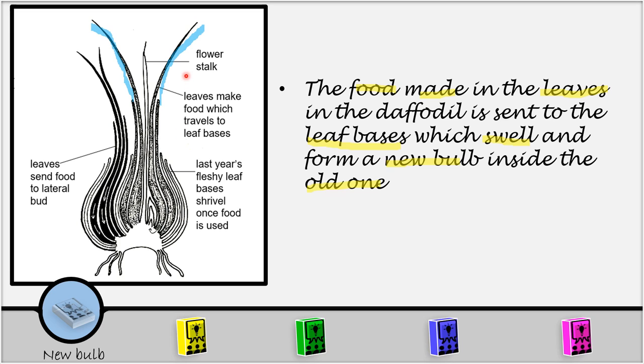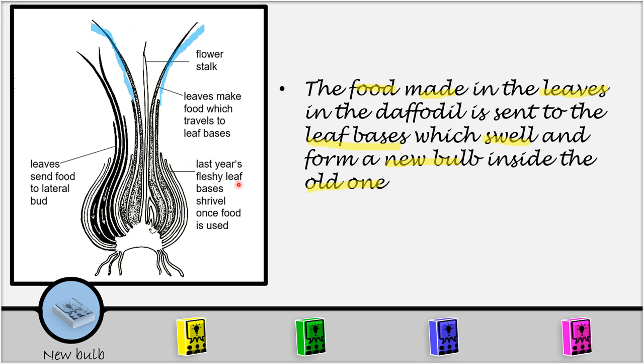Now when they make food, that food is going to travel down to the leaf base, and it is going to swell, and as it swells, it starts forming the new bulbs.